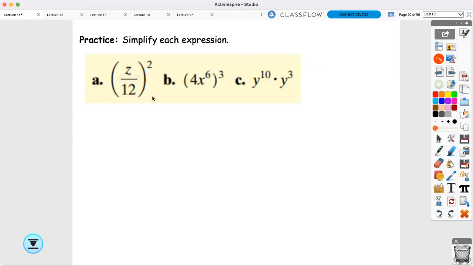There you go. Alright, good. Any questions so far, guys? On A, it is z squared over 144.